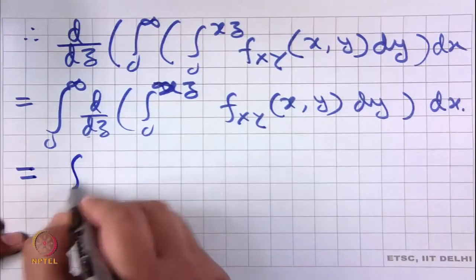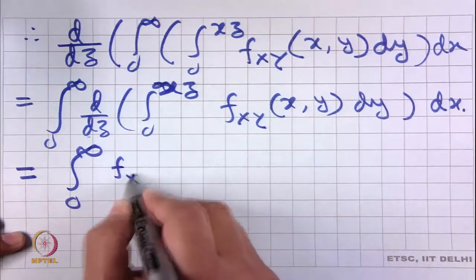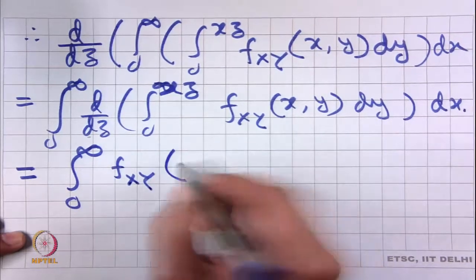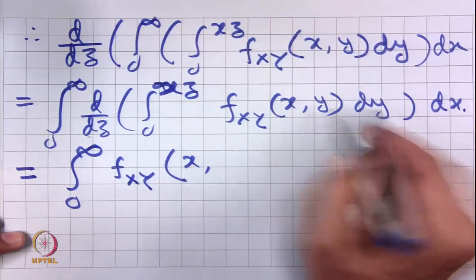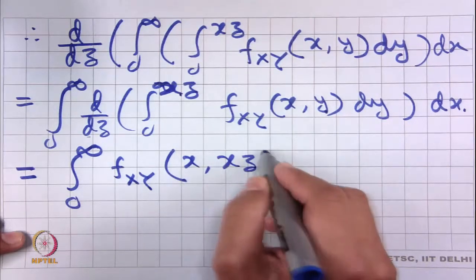This is equal to integral 0 to infinity f(x, y) at x comma, now y is going to get this value xz.